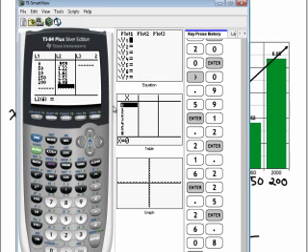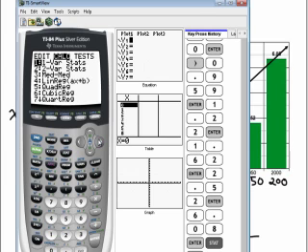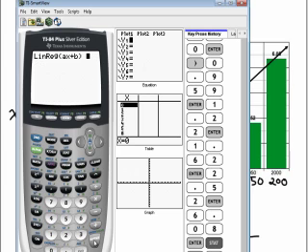Again, I'm going to use the calculator's feature of being able to write or predict a model based on the data. So to do that, Stat, Calc, so I arrowed over. And again, I'm going to pick the linear regression, or the line of best fit.